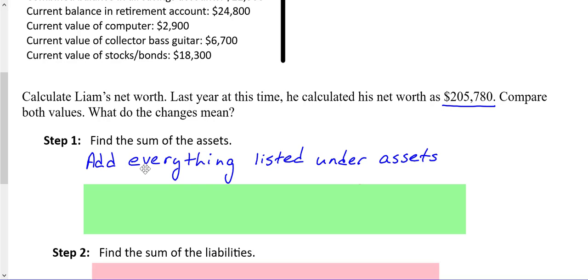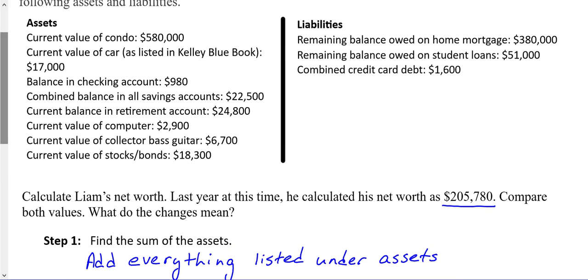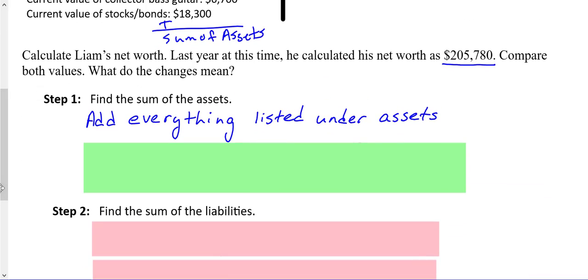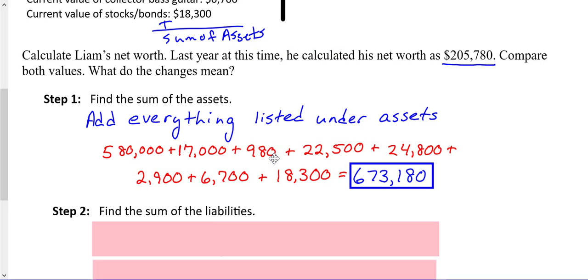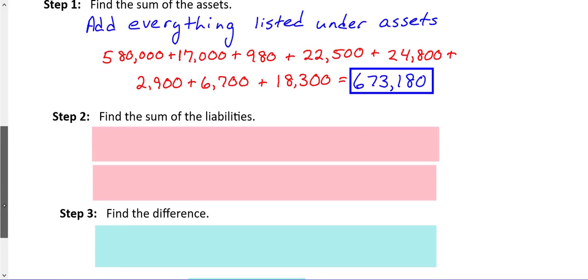So we need to add everything listed under the assets section to get the sum of the assets. And it winds up being a total of $673,180.